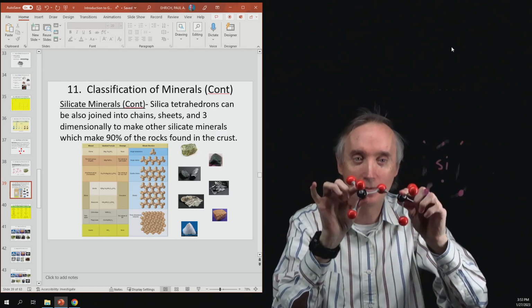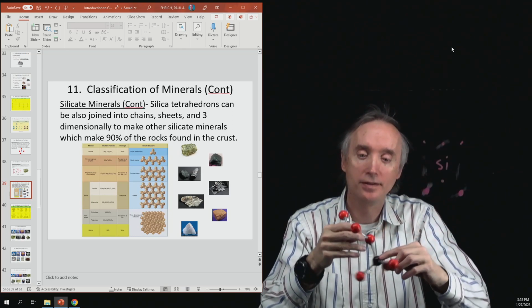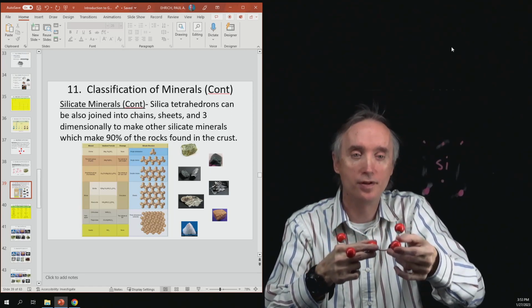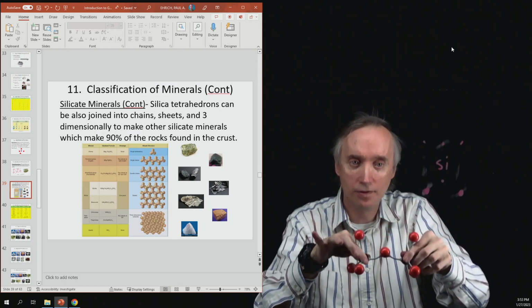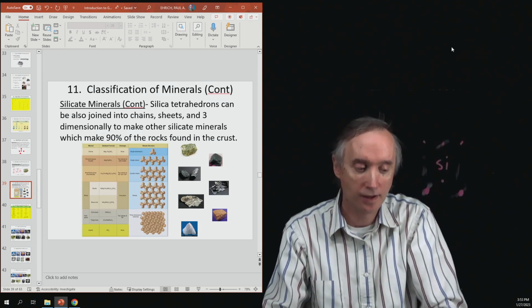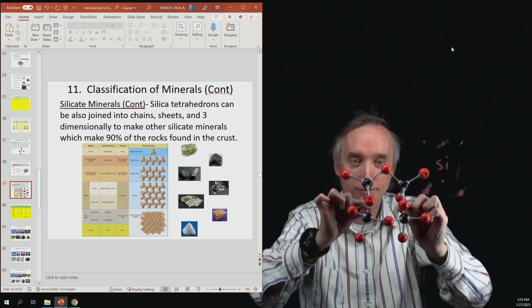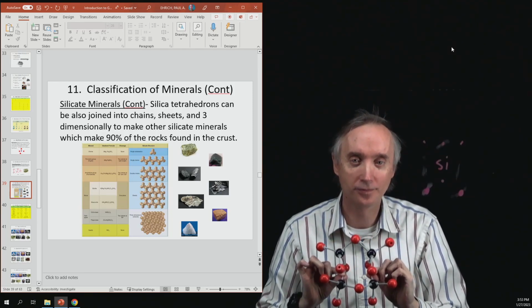Now you can go one step beyond this, because could you imagine that I could remove this oxygen and this oxygen and then attach it to another chain, and then I end up with a double chain of them. That's another kind of mineral.